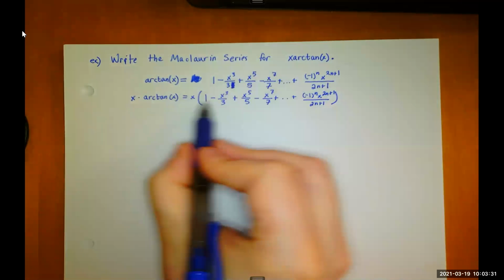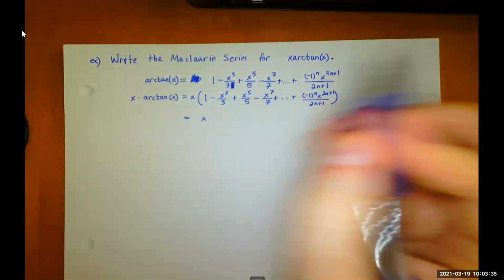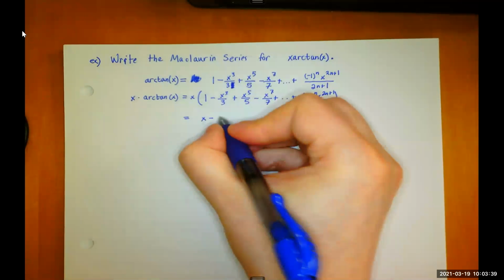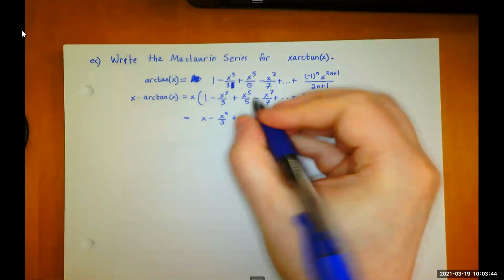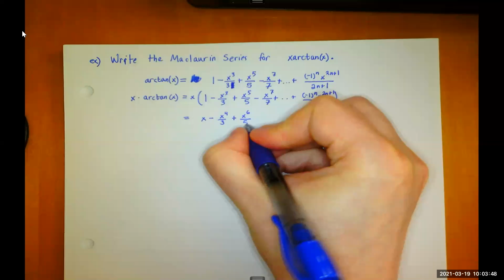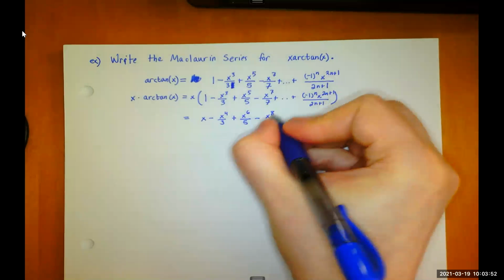So instead of 1 for the first term, we have x. And instead of x to the third, we have x to the fourth divided by 3. And instead of x to the fifth, we have x to the sixth divided by 5. And instead of x to the seventh, we have x to the eighth divided by 7.